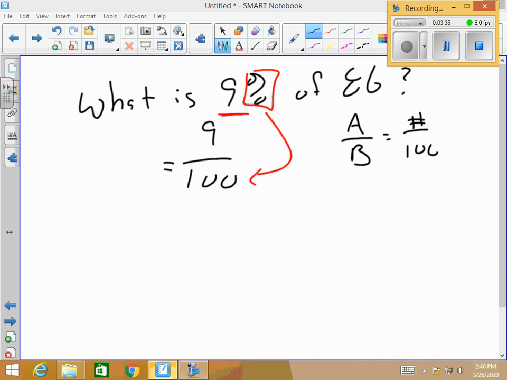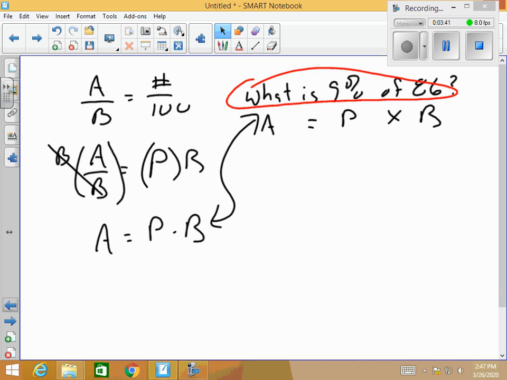Now the problem is, which is the amount and which is the base? If we go back one slide, we notice that through all of our problems, the amount is isolated by itself on one side of the equal sign. In this case it happens to be the left, but it doesn't always have to be the left; it depends on how the English rolls.